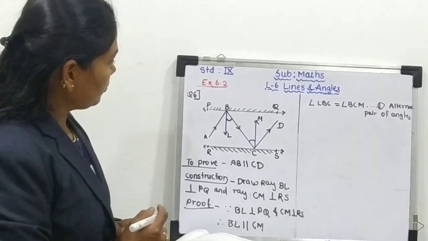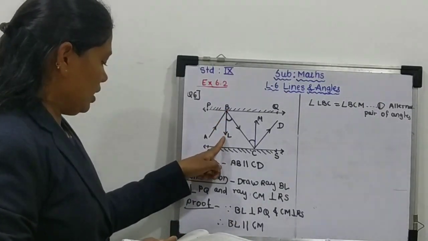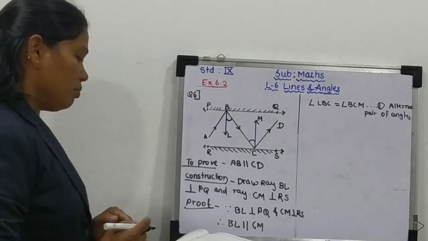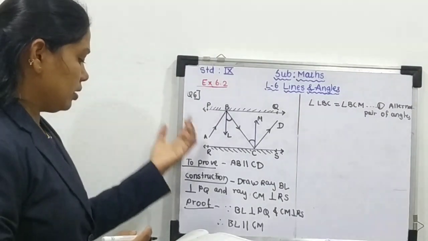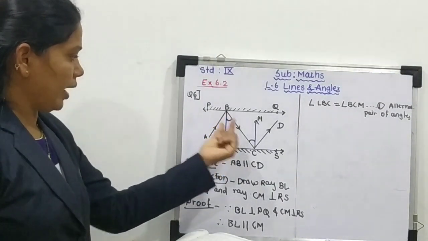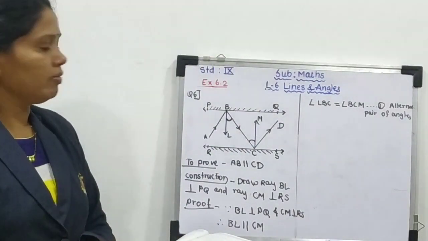Then ABL is equal to LBC. Why? Because these are the angle of incidence and angle of reflection. In science, you might have learned this.